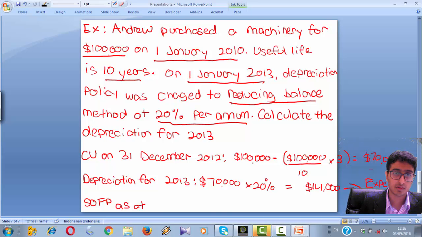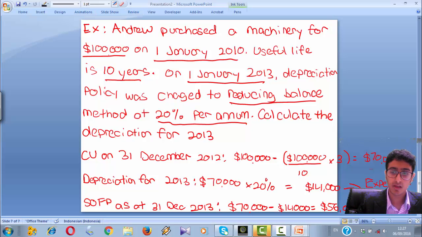As at 31st December 2013, I will value it at $70,000 minus the depreciation for the year, which will be $56,000. Yes? Okay, hopefully this example made it simple for you guys.